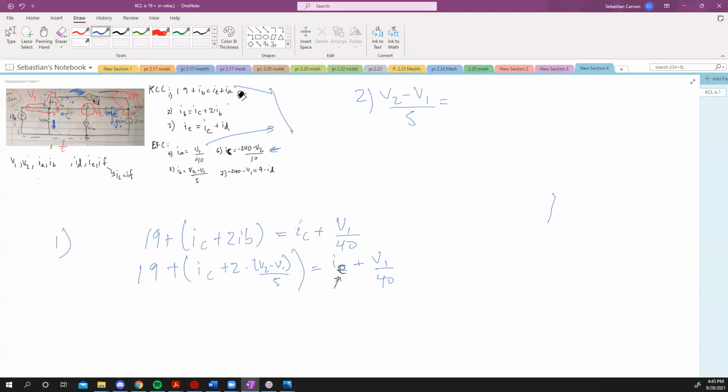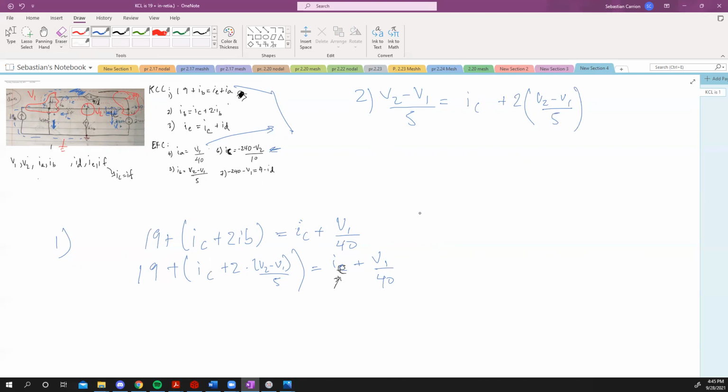I always feel like I'm in a hurry when I do it, so I need to take a step back and look at it. But okay, so IC plus 2 IB, and we know IB is V2 minus V1 over 5.